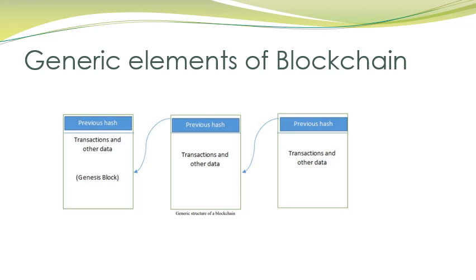It contains the hash of the previous block, and it also contains the transaction and other data. So these blocks are linked to each other through hash values. The current block contains the hash of the previous block and also other data. We will see in the next slide what other data the blockchain contains.